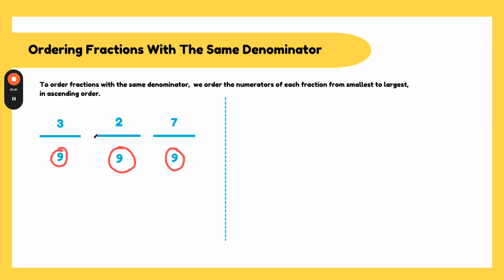So if we look at the numbers, we have 3, 2, and 7. Which out of these 3 is the smallest? 2. 2 is the smallest, which means 2/9 will be the smallest fraction.